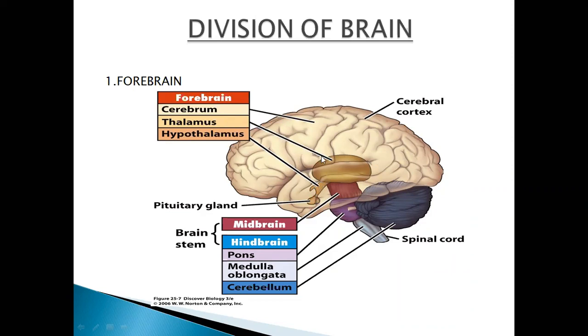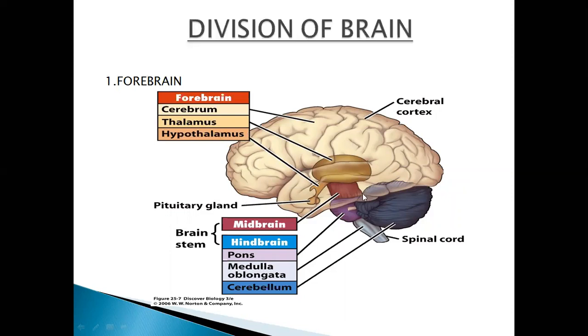Thalamus, this part, which is also present in forebrain. And the third one is the cerebrum, this whole region. This is also a part of forebrain. So basically, forebrain is divided into 3 parts: cerebrum, thalamus, and hypothalamus.